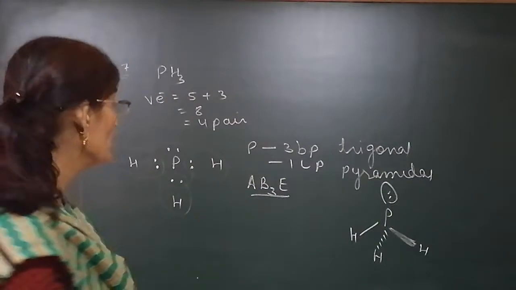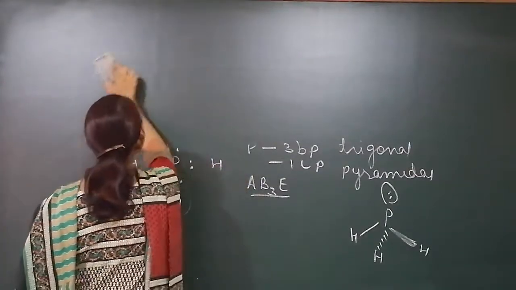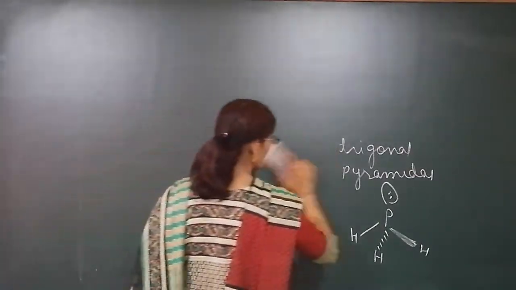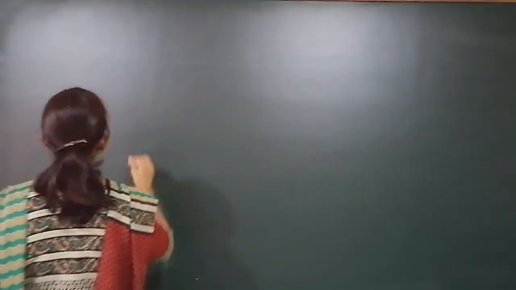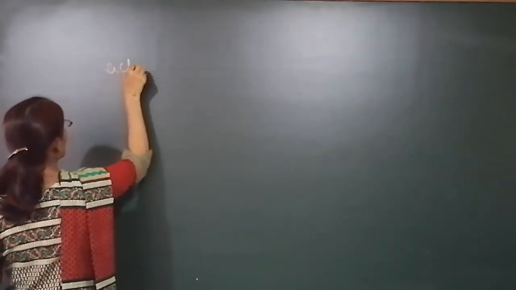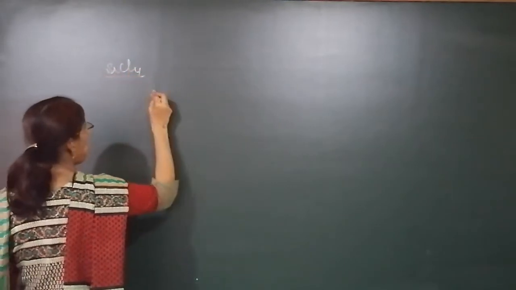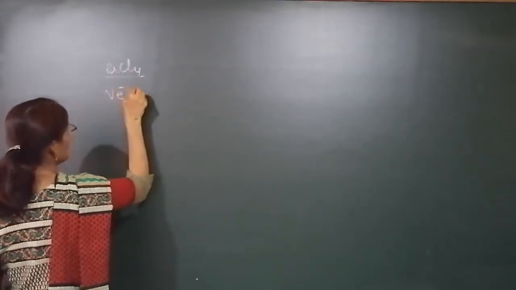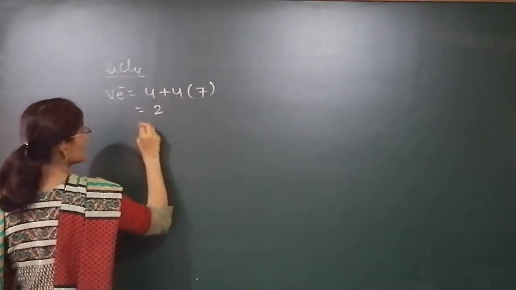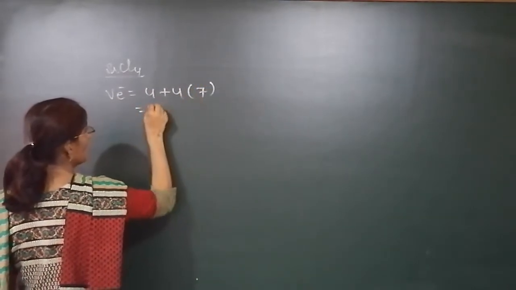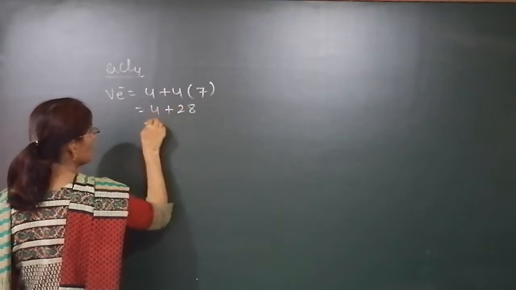Now we'll see SiCl4, silicon tetrachloride. Counting valence electrons, silicon has 4 and chlorine has 7, so 28 plus 4 is 32 electrons.